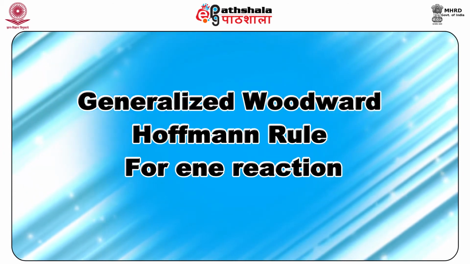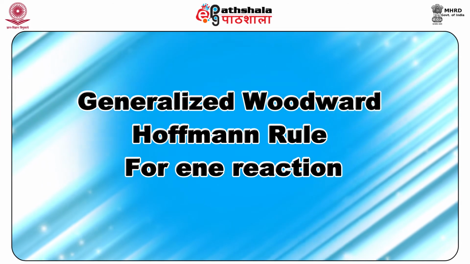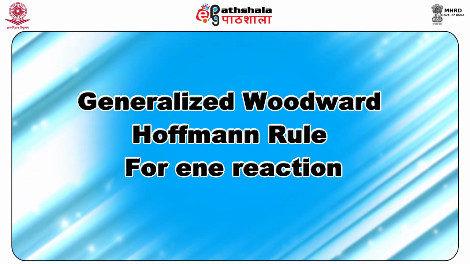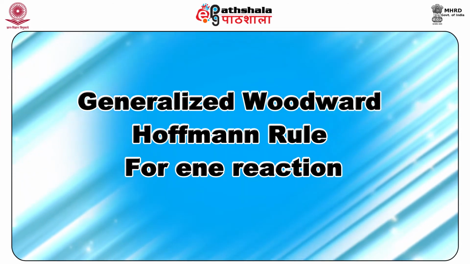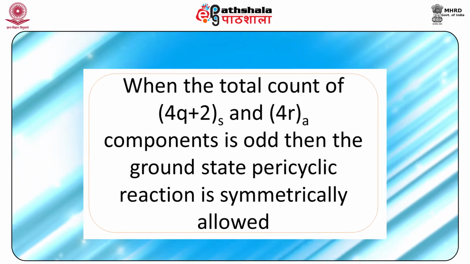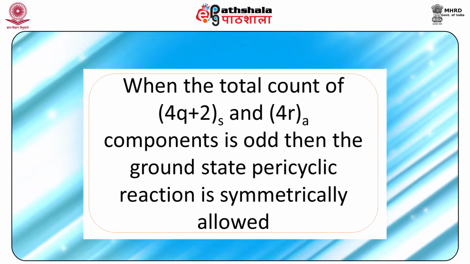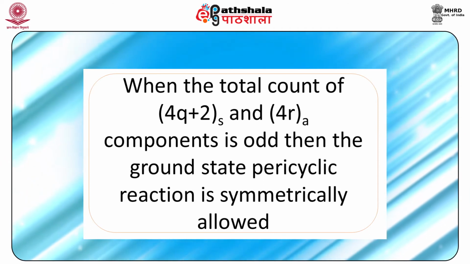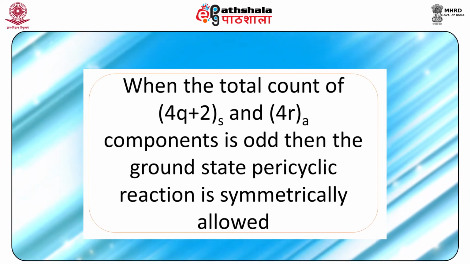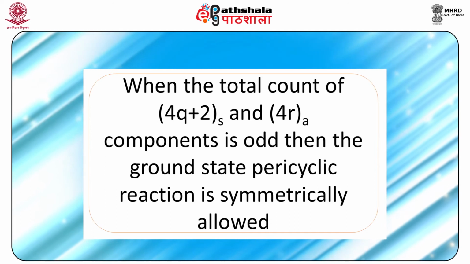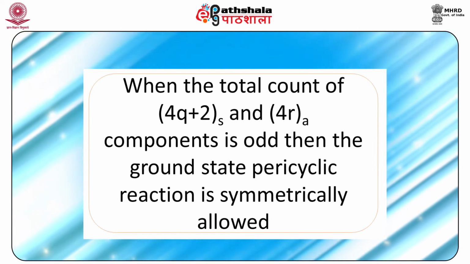Now let us have a look at the generalized Woodward-Hoffmann rules for ene reactions. When the total count of 4Q plus 2 S and 4R A components is odd, then the ground state pericyclic reaction is symmetrically allowed.